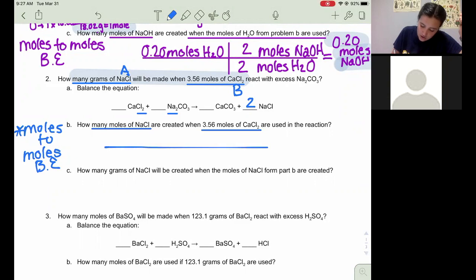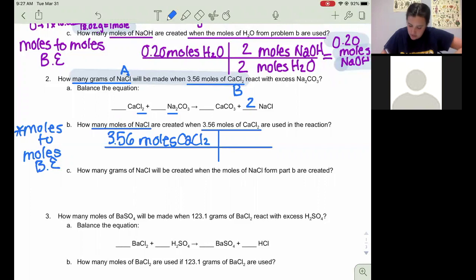So I'm going to go ahead and draw my train track. I'm going to put my 3.56 moles of CaCl2. Gotta do your dance move, bring down the units.